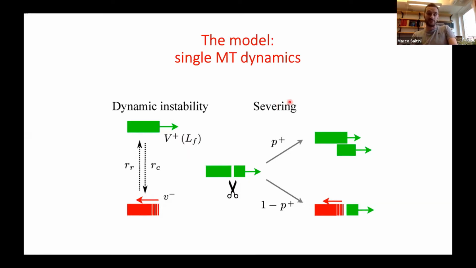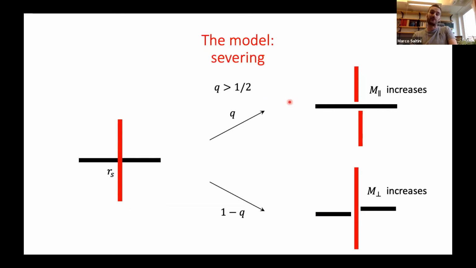Apart from that, the very last point of the model is the severing. As I said in the introduction, what we can observe from the in vivo observations is that usually when there is a crossover between a transverse and a longitudinal microtubule and a severing event takes place, the longitudinal microtubule is more likely severed rather than the transverse microtubule.